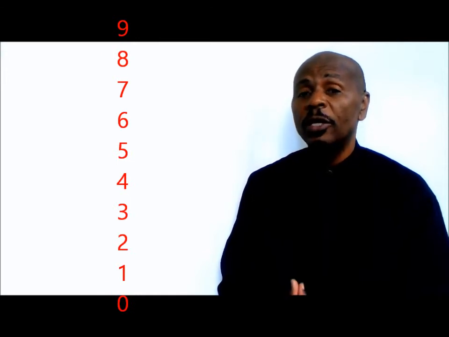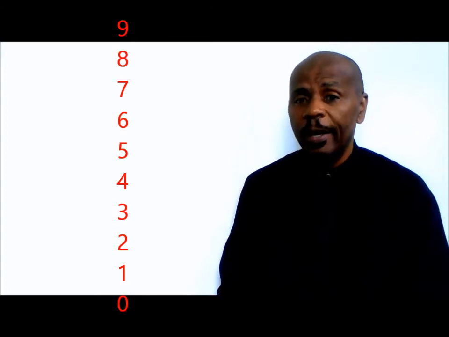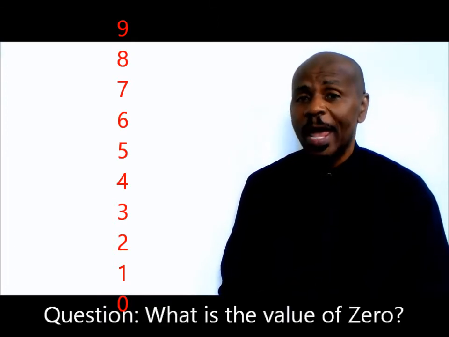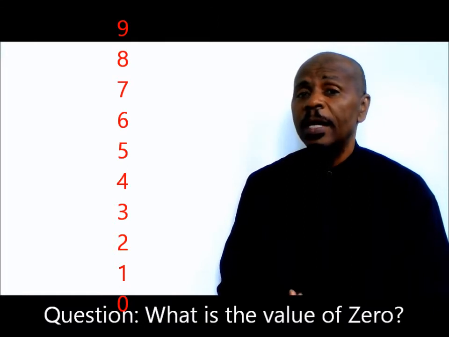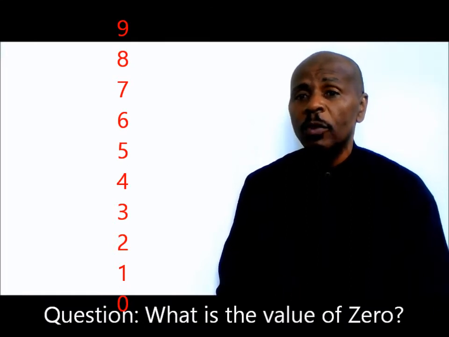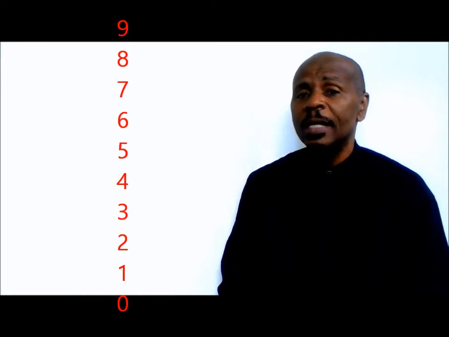So this is the reason why I emphasize strongly teaching our children and adults to start at 0 when counting, and never to say that infinity is the highest number, or Google is the highest number, or there's no highest number. There is. Why? Because the question is asking for the highest one number.